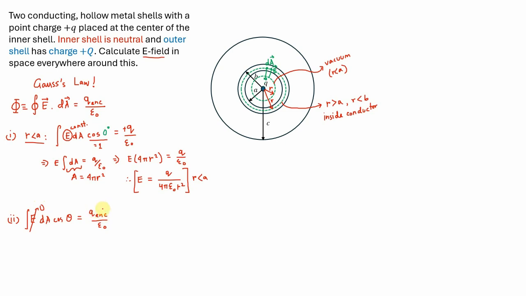So that you know the answer automatically. Electric field must be 0 inside a conductor because charges on a conductor reside on the surface. And also the inner shell is neutral. So that means either way, even if you consider the charge to be something else, you cannot say that charge is anything else but 0 because inside of a conductor the electric field must be 0.